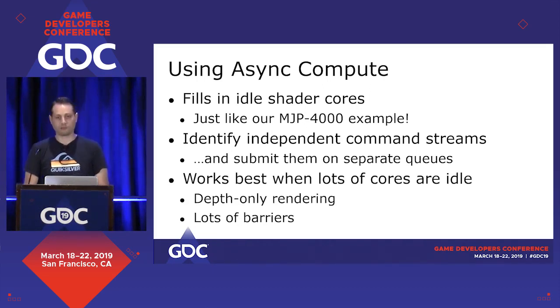And of course, it's going to work best when you have lots of idle shader cores, so you should look for those kinds of opportunities. Like I mentioned already, depth-only rendering is the classic case of idle shader cores, or if you've got lots of barriers on one of your queues, those are places where you can hopefully sneak in some async compute that will utilize idle shader cores.